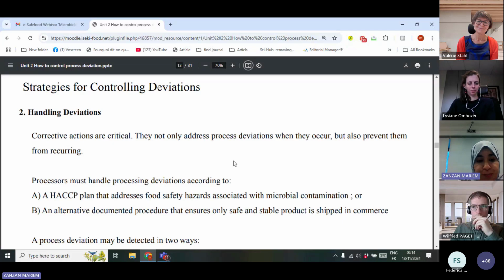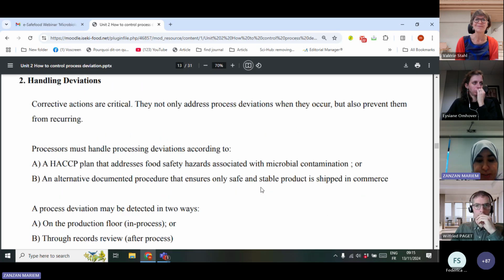We can use the hazard analysis and critical control point plan, which addresses food safety hazards associated with microbial contamination, or we can use an alternative documented procedure that can ensure the safety of the final product.